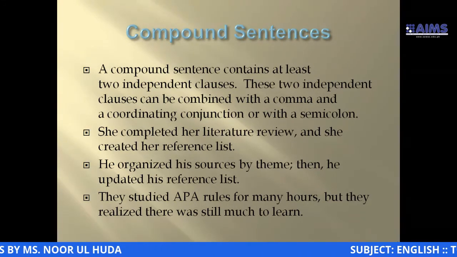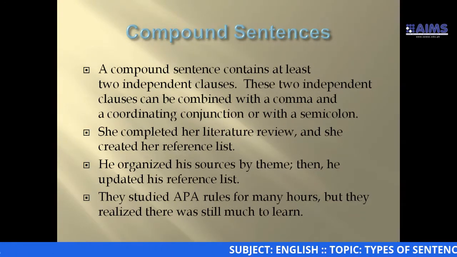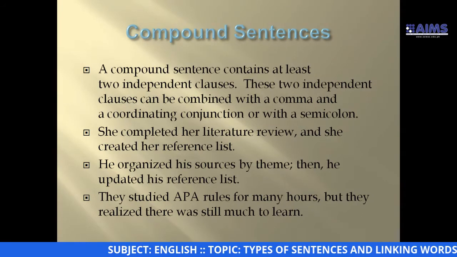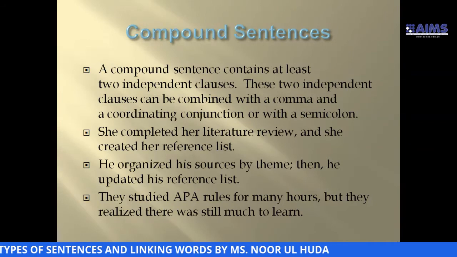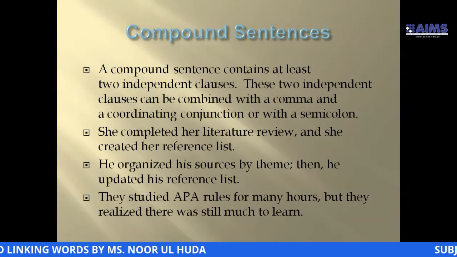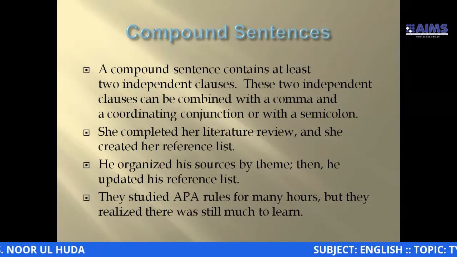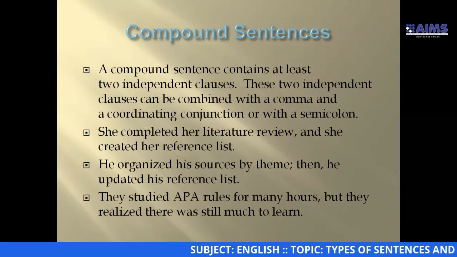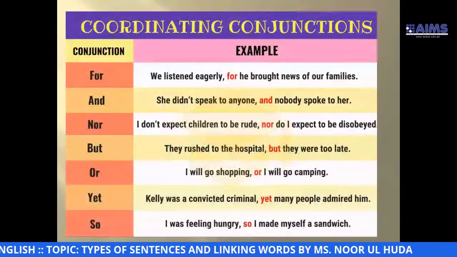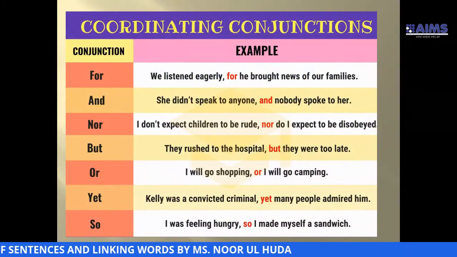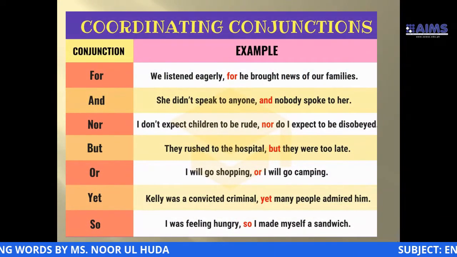And why do we use a semicolon to join two independent clauses? Because if both independent clauses possess a strong connection between them, we use a semicolon instead of the coordinating conjunction. Moving ahead, these are the coordinating conjunctions we use to make compound sentences.